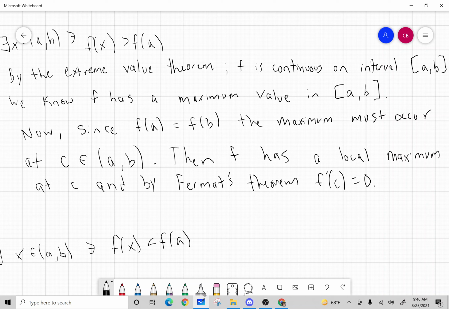Okay, which is what we wanted to show. Because remember, the final premise of this is that there exists a number c in (a, b) such that f prime of c is equal to 0.